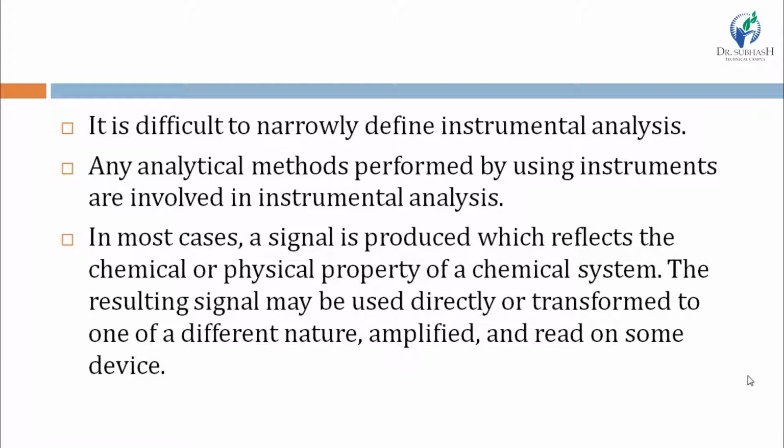So these are the basic steps, the basic concept of instrumental analysis. First a signal is produced, and this signal gives information about either a chemical property or a physical property of the sample. Then this signal is transformed into another form. Then after transformation it is amplified, and then it is read on a reading device, right?